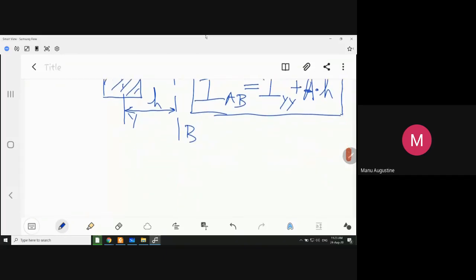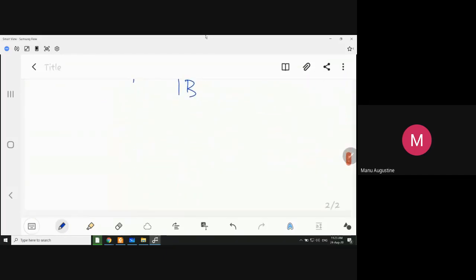So let us do it. I will construct a rectangle. I will once again take the value of the sides. Let us say this is 2 meters and this is 3 meters. And I take the centroid of the rectangle. I draw a centroidal axis.